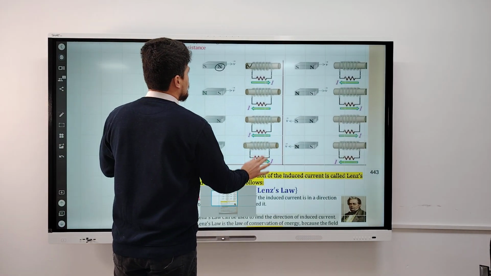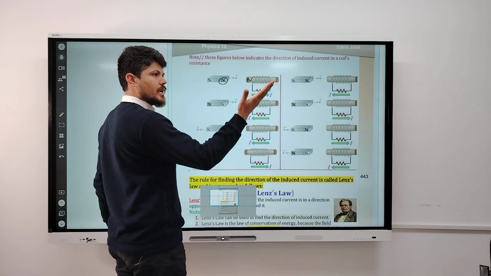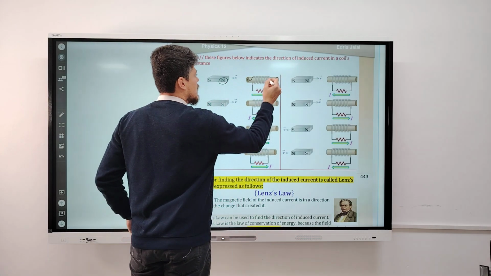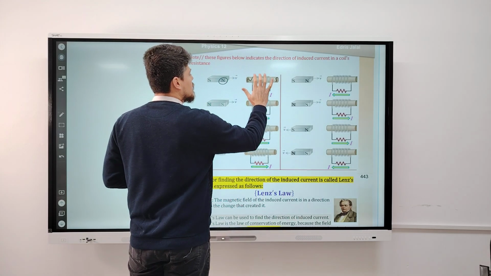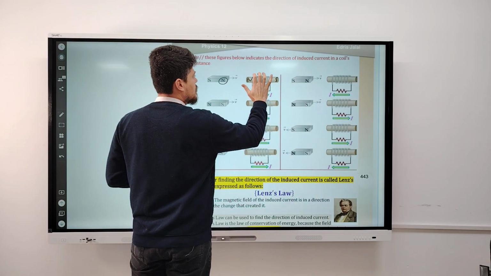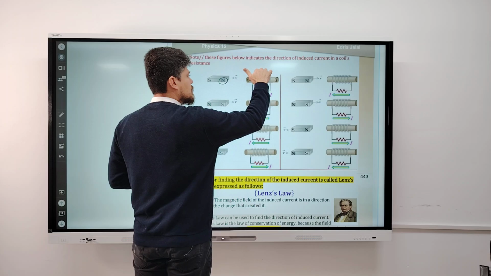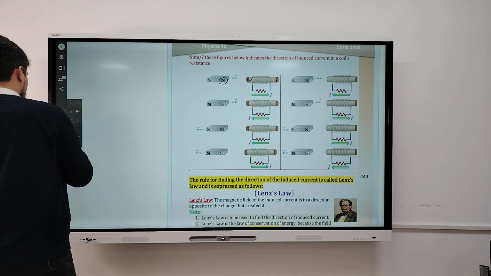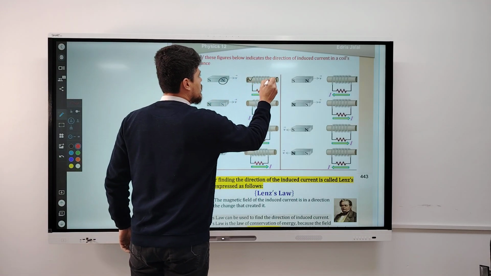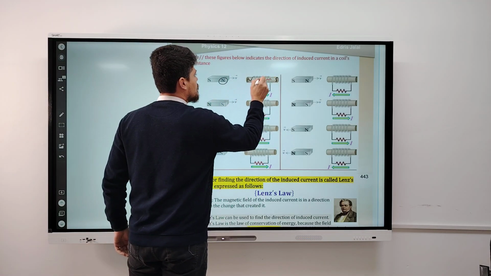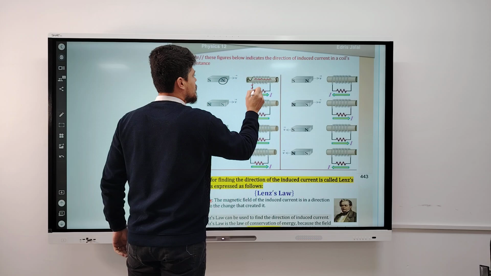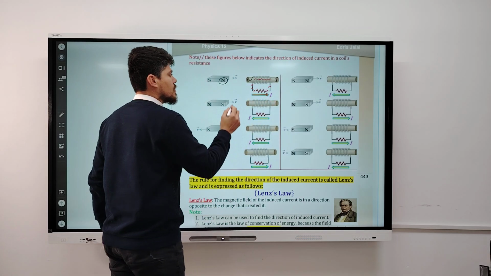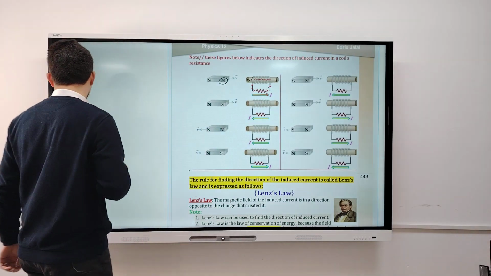Using the right-hand rule, this is the north pole and this is the south pole. The current is upward above the coil and downward below the coil. So the direction of the current is from left to right, okay?